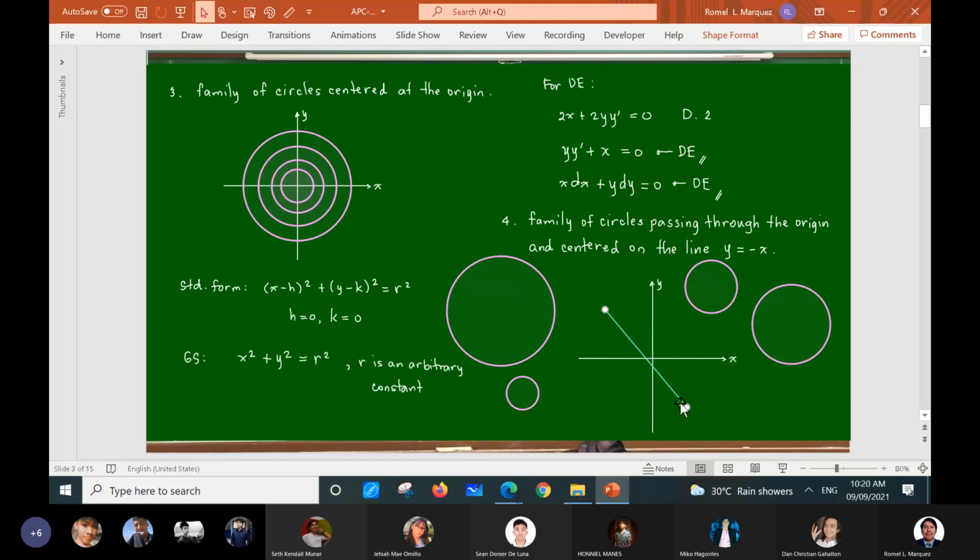So, it is the line that passes through the origin and the points of the form A, negative A. Kung ang X ay A, yung Y negative A. Dadaan siya sa middle ng X-axis at Y-axis.